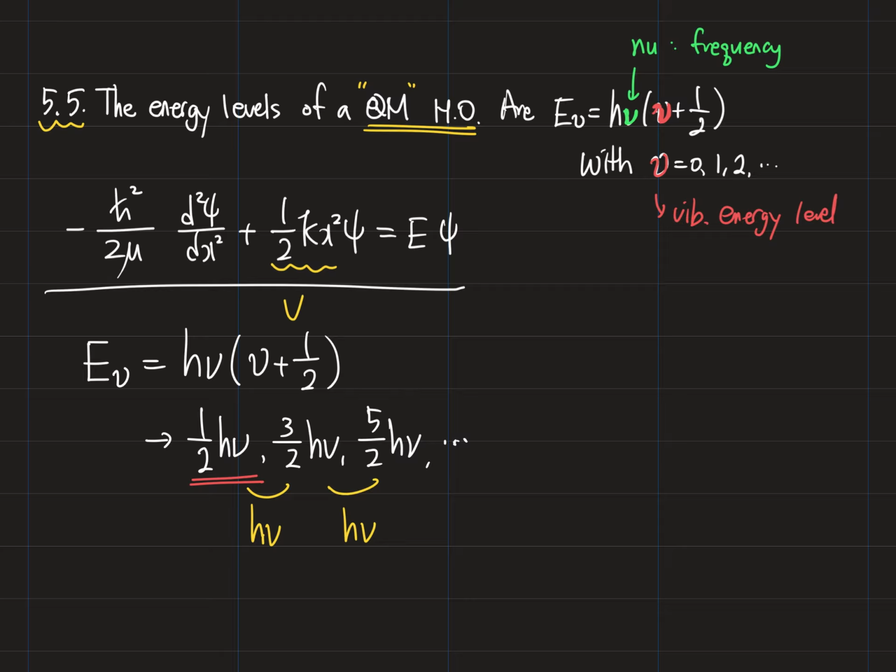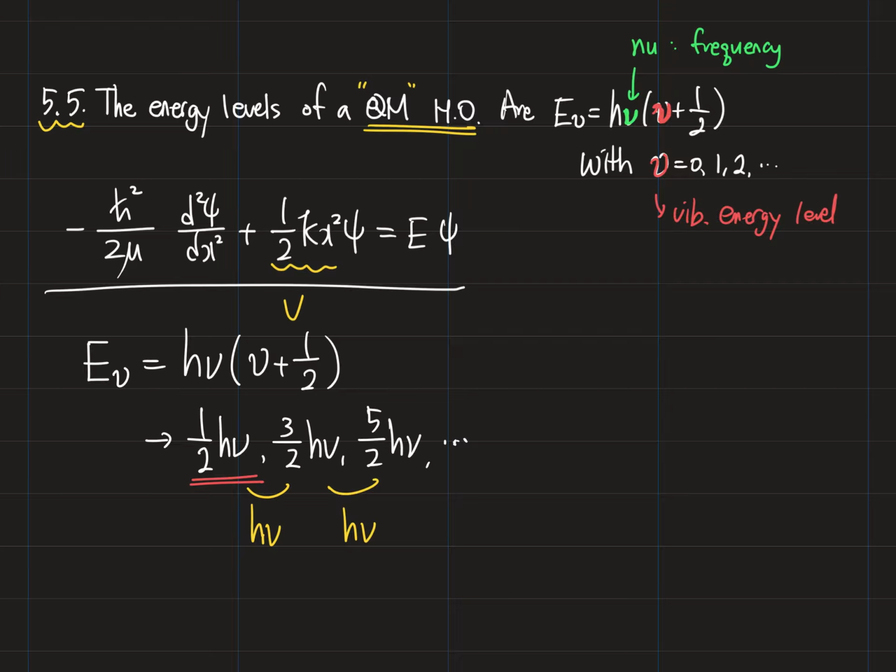If you think of the classical harmonic oscillator, it can have zero energy, right? If you have the harmonic oscillator at rest at the equilibrium length, then it should have zero energy because it is not moving and it is at the equilibrium position, so it has neither kinetic nor potential energy.